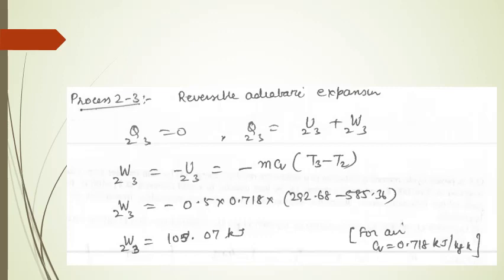So now work can be computed with the help of this formula. The value of m is given as 0.5 kg, the value of Cv for air is 0.78 kilojoule per kg Kelvin, and both the temperatures are known. So the value of work is coming out to be 105.07 kilojoule.